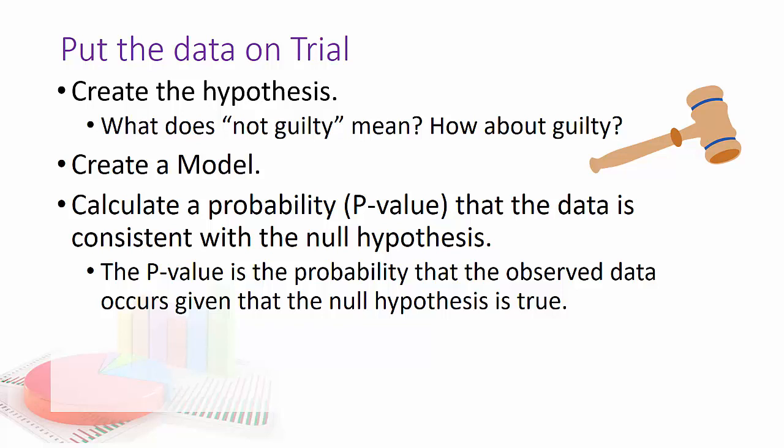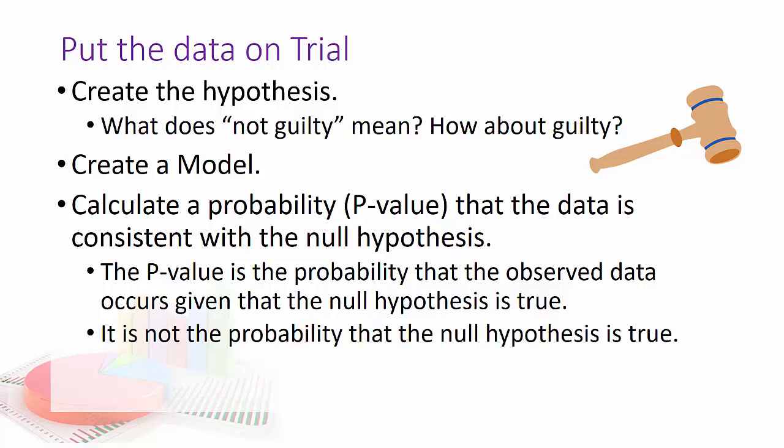So you can say, what's the probability this could have occurred, assuming innocent, in our case, or assuming that they're not guilty? We don't like to use the word innocent. Now, the probability is basically, is this consistent if the null hypothesis is true? It's not the probability that the null hypothesis is true. Then finally, you give your verdict or your conclusion.